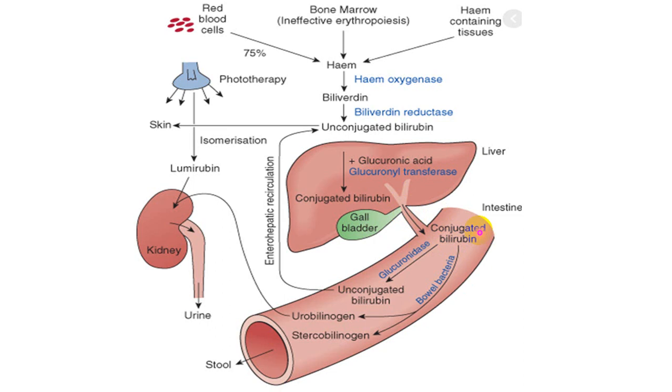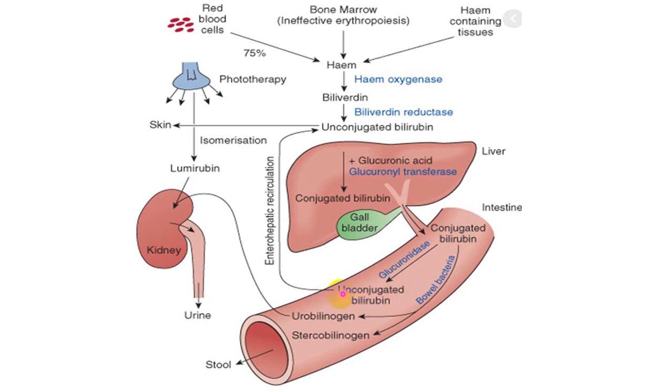You need to know the conjugated bilirubin is not an absorbable substance, so it will travel along the intestine. It will have one of two processes. By the effect of enzyme glucuronidase, the conjugated bilirubin will cleave and return back to its unconjugated bilirubin.